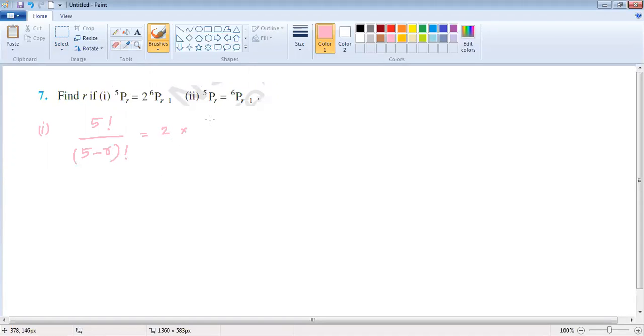So as per the formula, it is 6 factorial divided by 6 minus, in bracket, r minus 1 factorial, because our formula is nPr is equal to n factorial divided by n minus r factorial.